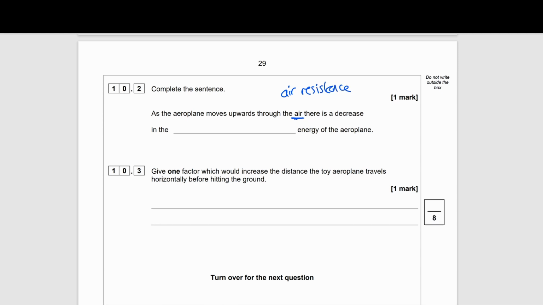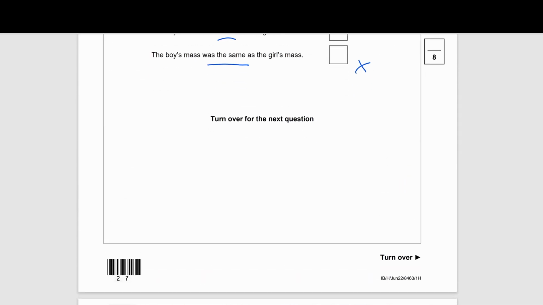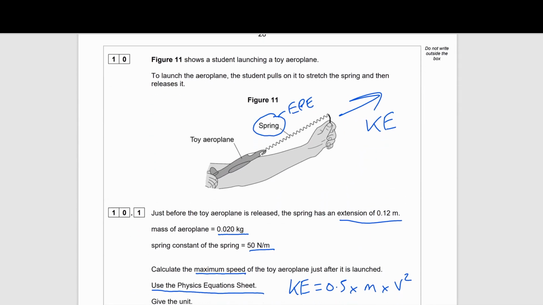Now that air resistance will be acting in the opposite direction to the plane moving. And what it really will be doing is slowing the plane down. So if the plane is moving this direction, our force of air resistance will be in the opposite direction, trying to slow it down.